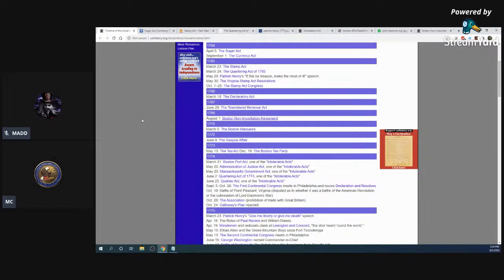Now, the issue here was they said, you have to use the approved British monetary system. Sounds all well and good, except for the fact that gold and silver coin, which is what the monetary system was, is in short supply in the colonies.